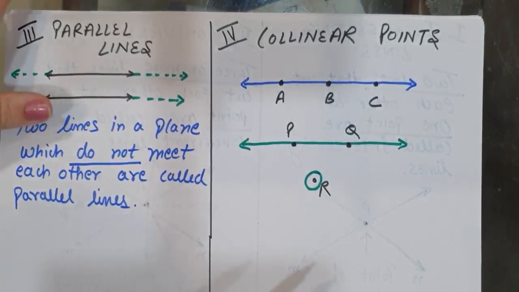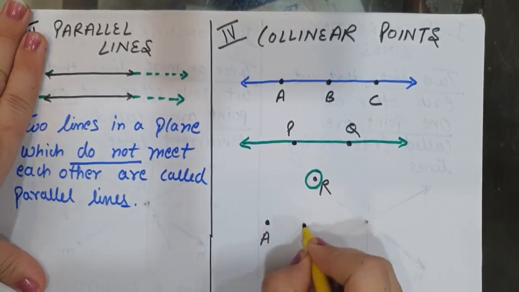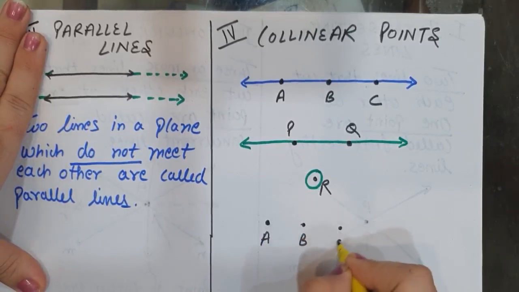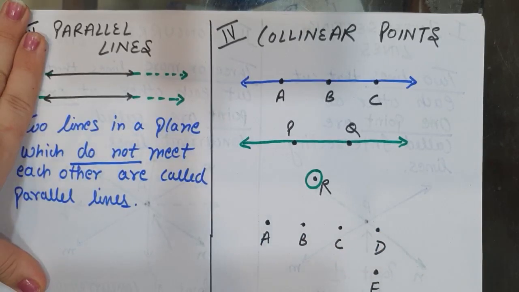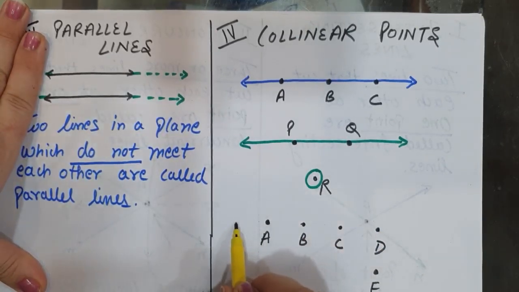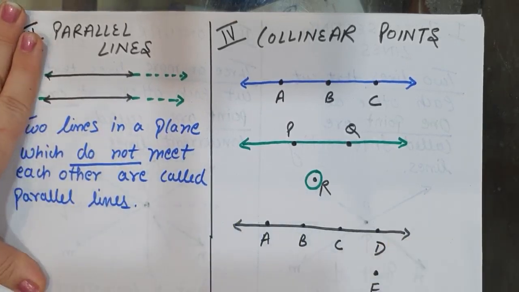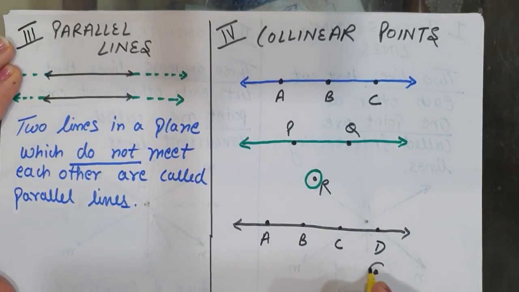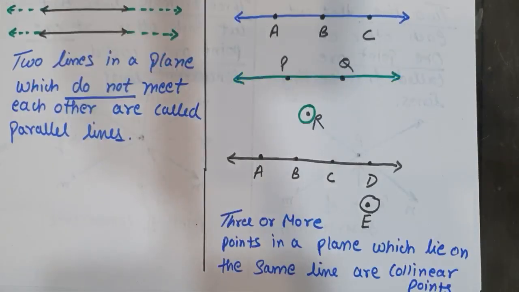In the same way, we can have 5 points as well, point A, point B, point C, point D, and point E. If I try to draw a line passing through all the given points, it won't be possible because point E will be left out. But yes, we will be able to draw a line passing through A, B, C, and D.